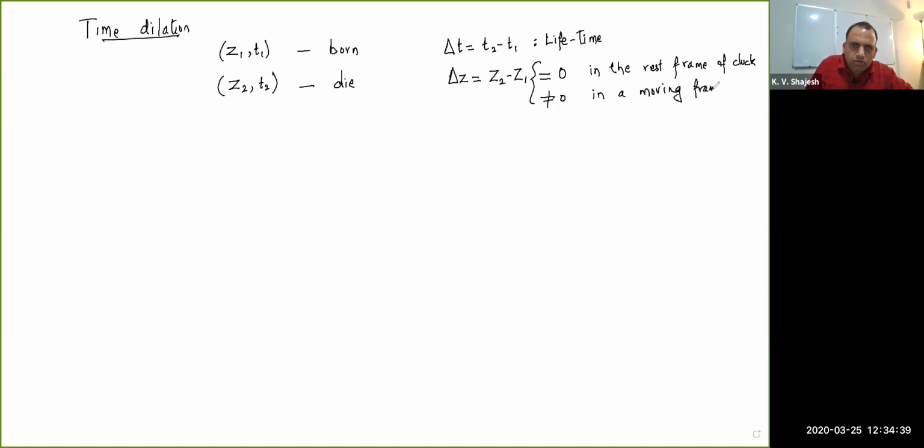So that's sort of a requirement for measurement of lifetime, that if you're measuring lifetime, it has to be measured at the same place. That means to say it's the same clock that is measuring the two events we are talking about. With that prescription for measuring time, we go to Lorentz transformation.